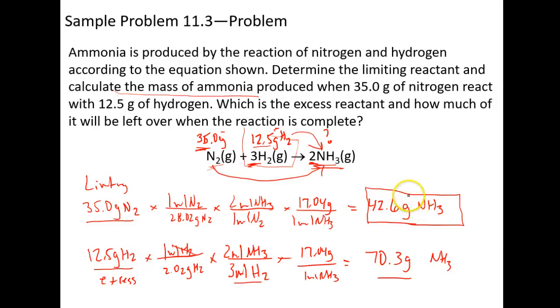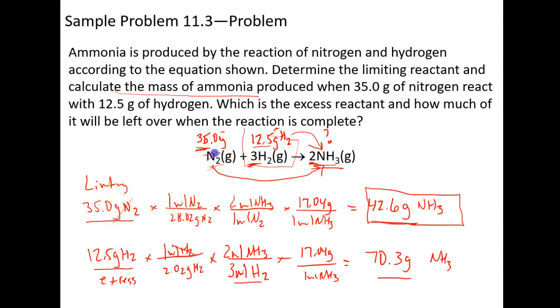Okay, so what's going on here? I put in 35 grams of nitrogen and 12.5 grams of hydrogen. What happens is I start producing ammonia. As soon as I make 42.6 grams of ammonia, I no longer have any more nitrogen.